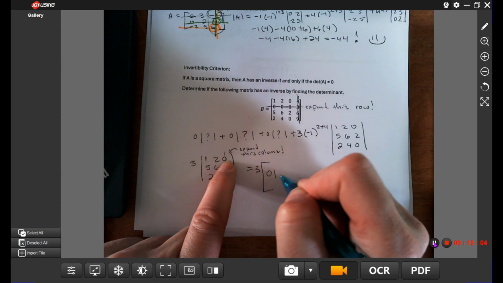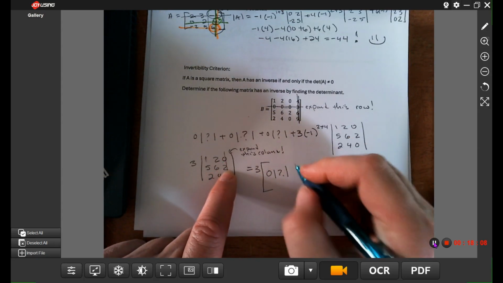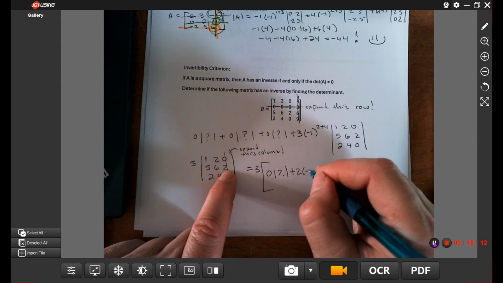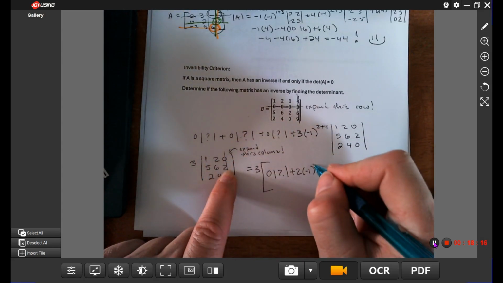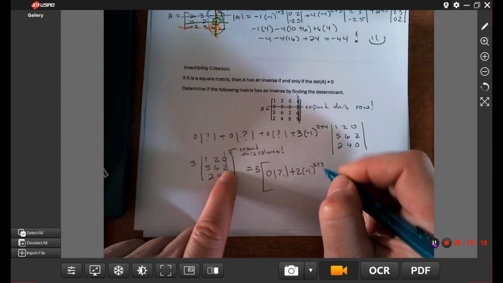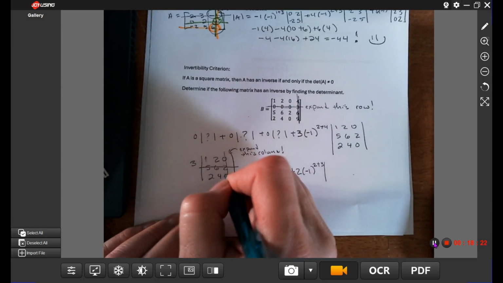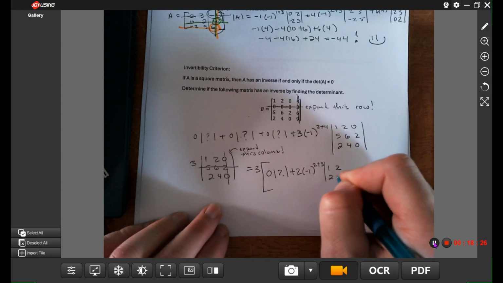So this entry is 0 times the determinant, it doesn't matter because it's going to be 0. And then this entry is going to matter because it's non-zero, times negative 1 to the row 2, column 3. So the exponent is 2 plus 3. And when I cross out row 2, column 3, I'm left with 1, 2, 2, 4.